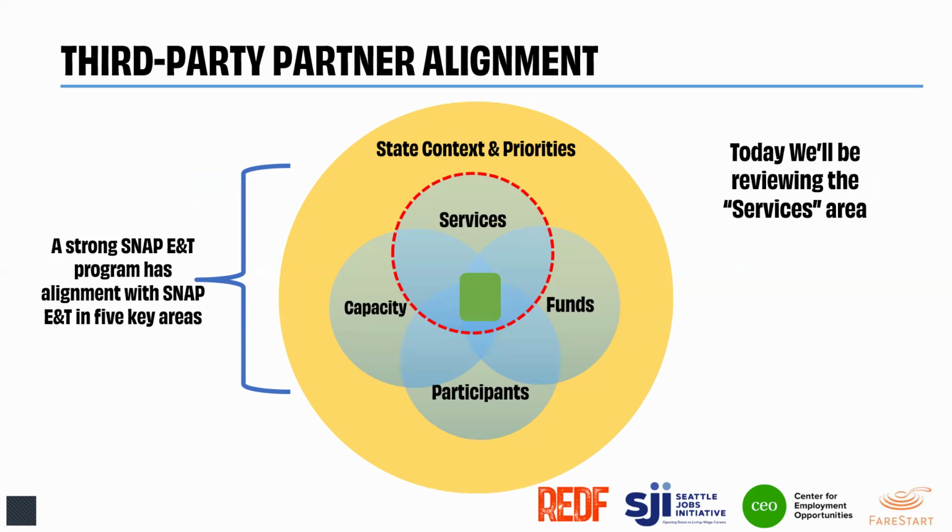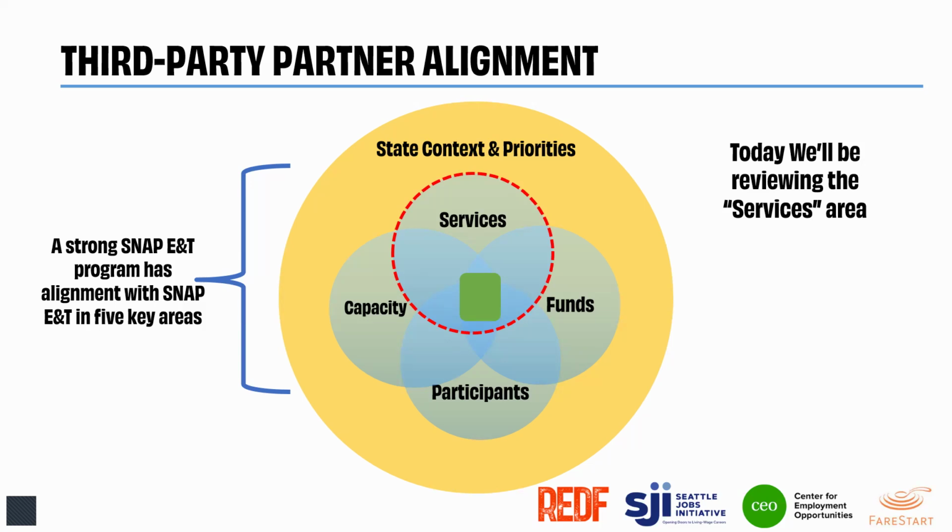I'm first going to start us off today in our webinar to bring your attention to this handy little Venn diagram. You'll start to recognize this as we go through and talk about the key areas for SNAP E&T. As you can see, there are several listed here: services, funds, participant, and capacity.